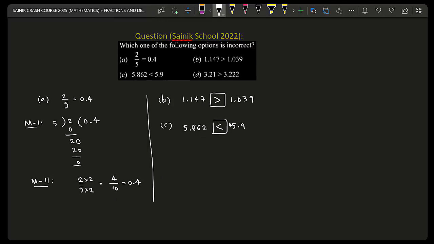See here, you try to convert this into fractional form. You get 5862 divided by 1 followed by 3 zeros, right? Yes, sir. Convert this into fractional form, you'll get 59 by 10, right? Yes, sir. I want to have the same denominator. So 10 I can multiply by 100, and this multiply by 100.